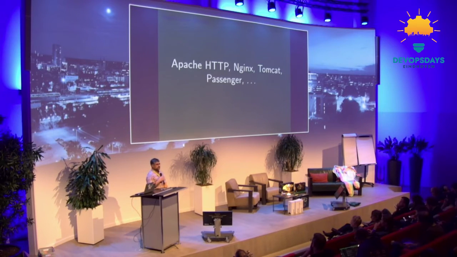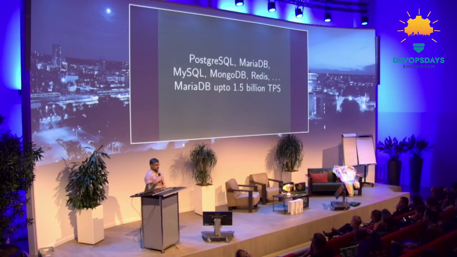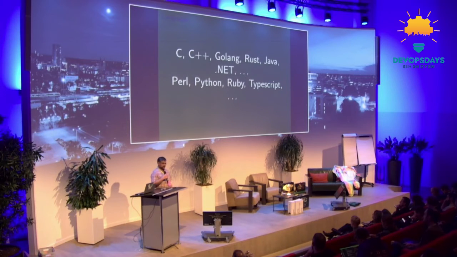If you're already using any of these and you want higher densities, that's much easier. One of the clusters that MariaDB tested was able to get 1.5 billion transactions per second. So if you really need that speed, you can get it out of this type of machine. And also all the other programming languages: we now have support for Rust and Golang. Most of the newer software is available, but any of the older stuff is also still available on it.